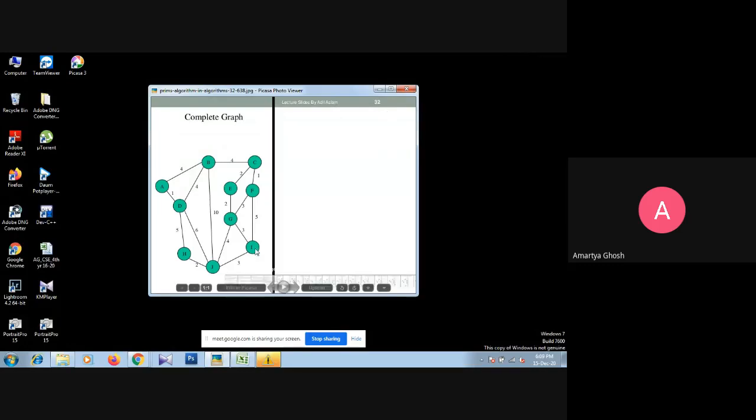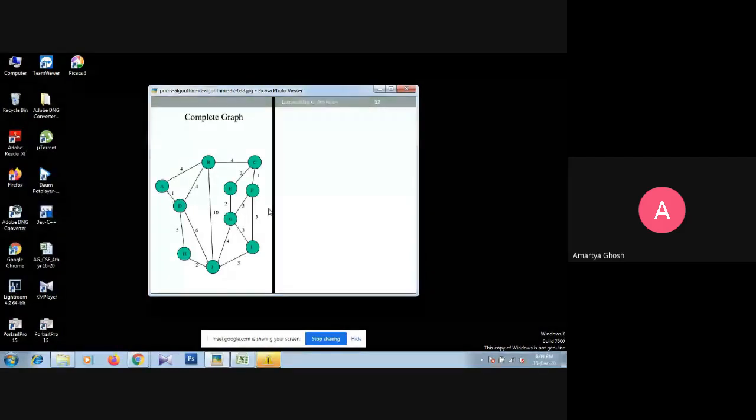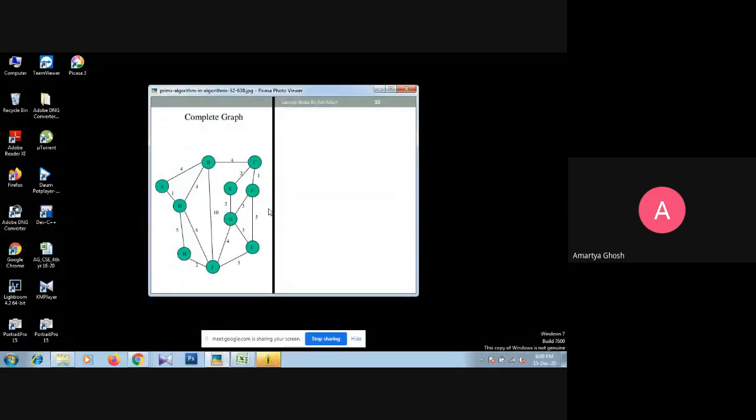If there are 5 and 5, 10 vertices in total, that means we need to represent this graph with 9 edges, then that graph will be a minimum spanning tree.